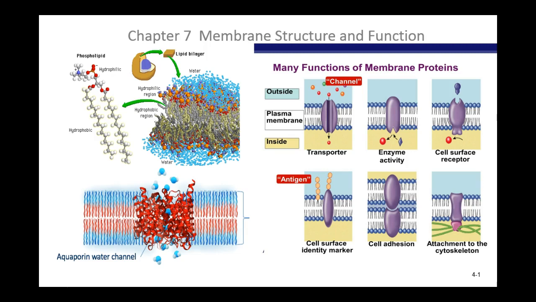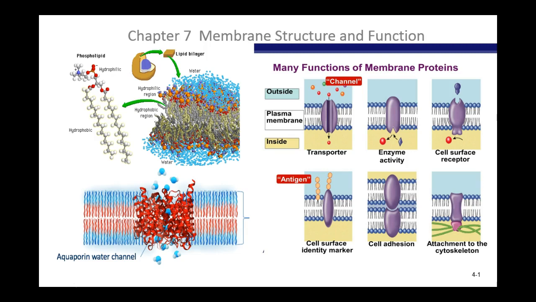And then in the bottom left, you have what's known as an aquaporin. This is something that can be inserted into the membrane, as need be for homeostasis, to allow water to move in and out. It's a water channel.